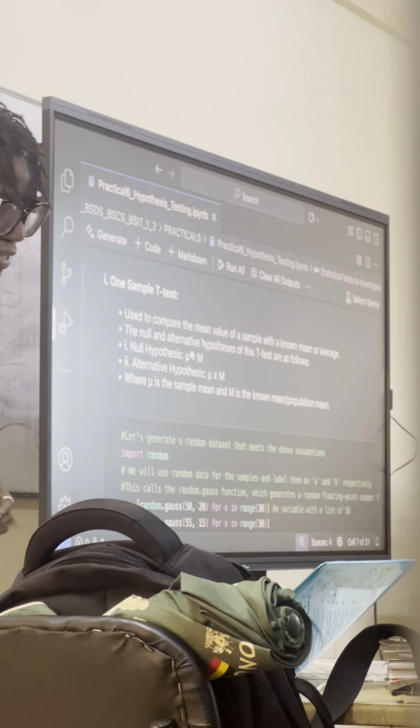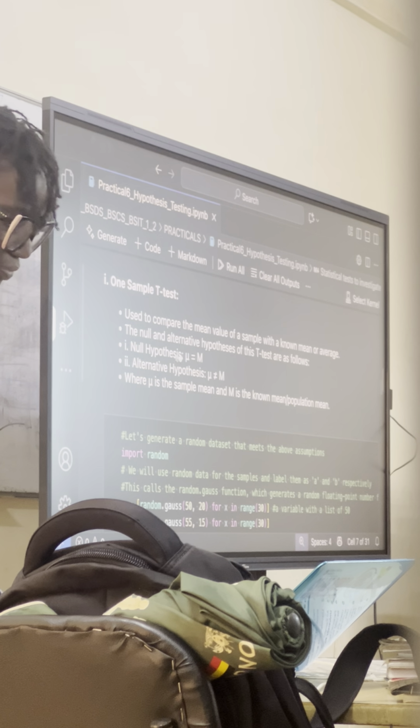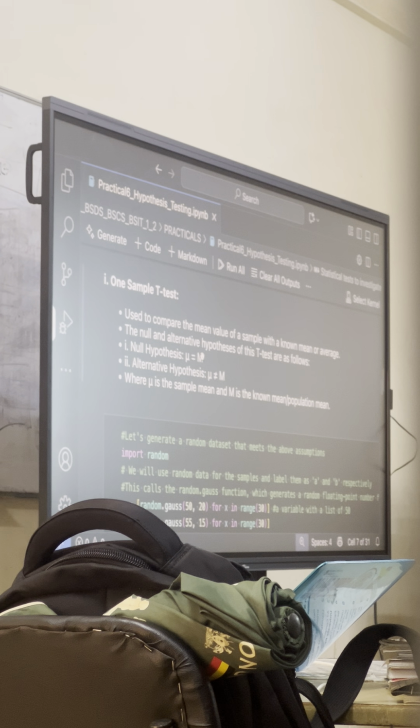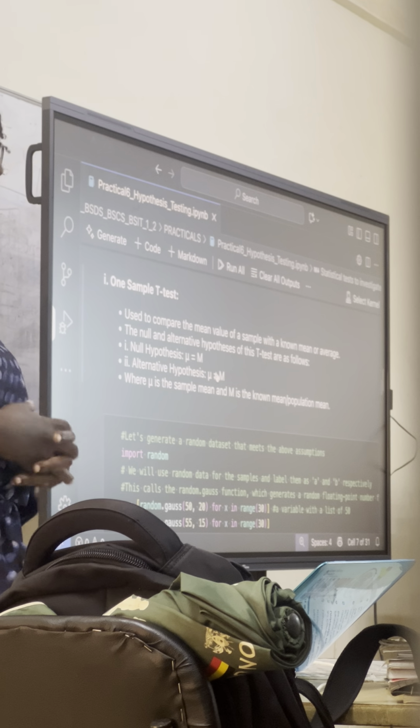The null hypothesis would be stated as the average, okay, or the sample mean, okay, is equal to the population mean, okay, which the alternative will now be the reverse. The sample mean is not equal to the population mean.